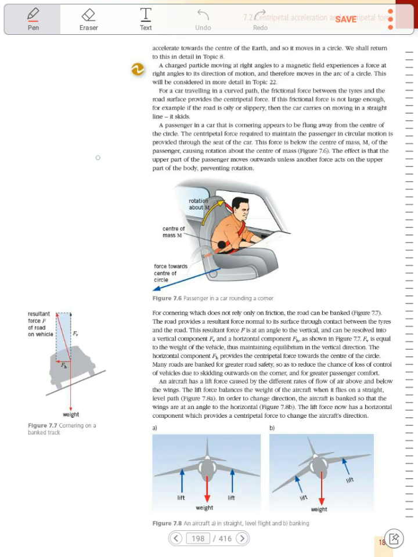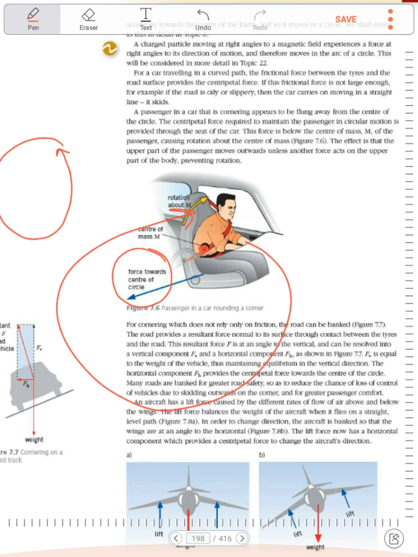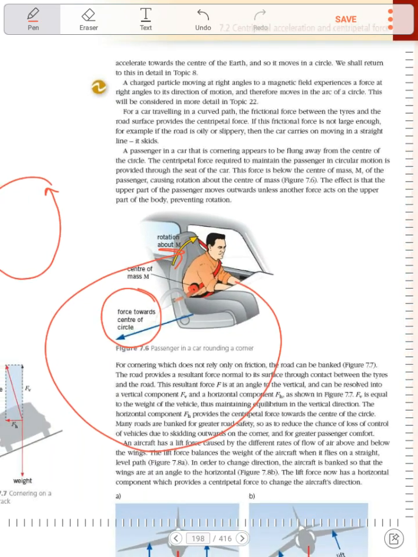In a car moving around a circle, we have a force toward the center, and this is the center of mass of the driver. So if we have a rotation around this circle, we have a centripetal force. A passenger in a car that is cornering appears to be flung away from the center of the circle. The centripetal force required to maintain the passenger in circular motion is provided through the seat of the car.